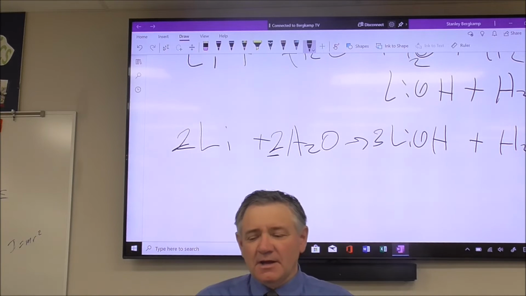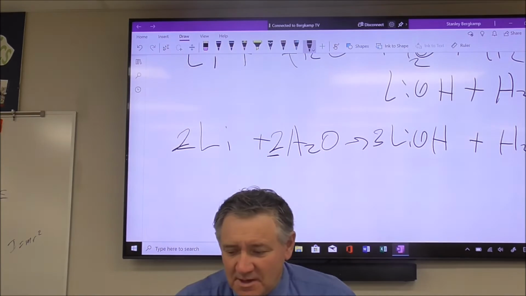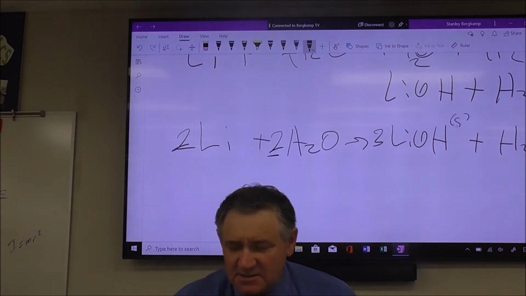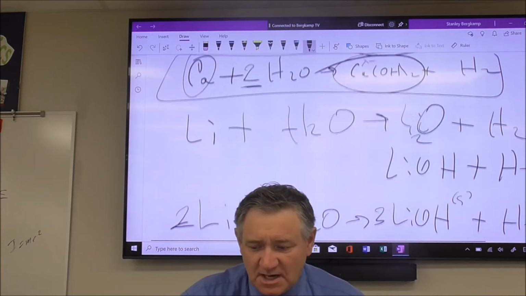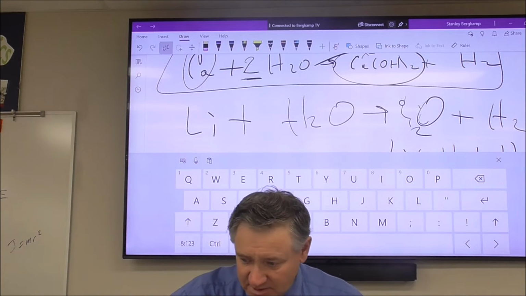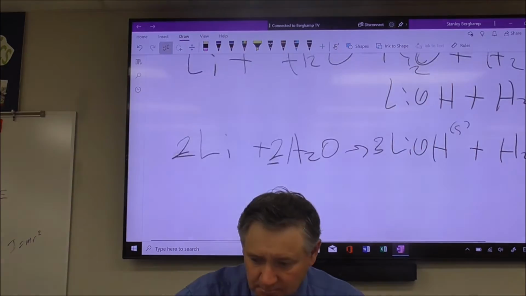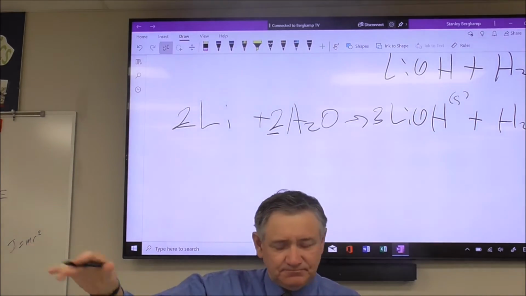True? Now, here's the deal. Here's the difference. Lithium hydroxide is soluble, okay? Calcium hydroxide is insoluble. So this situation here, now I need to write out this net ionic equation.